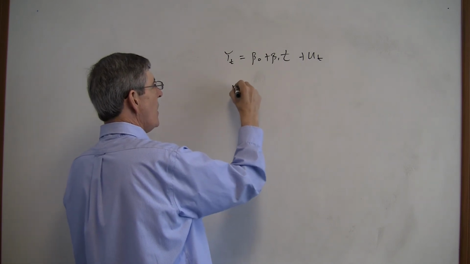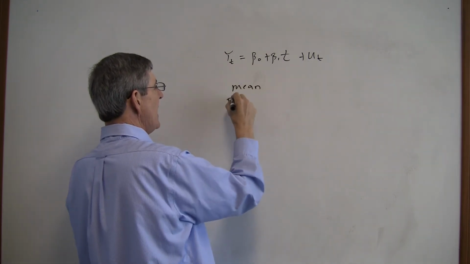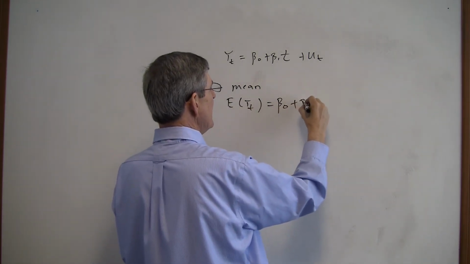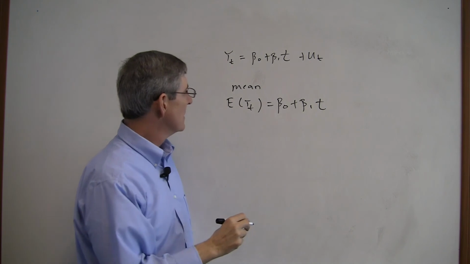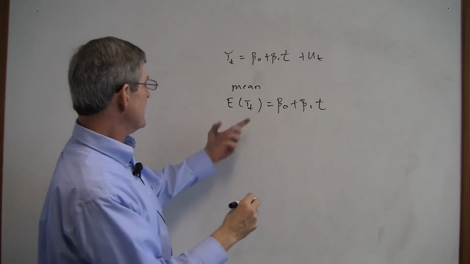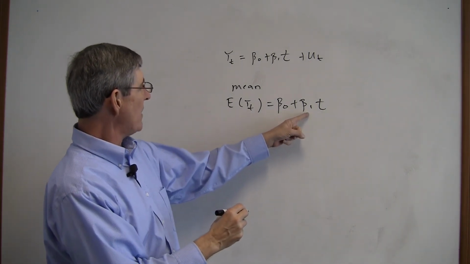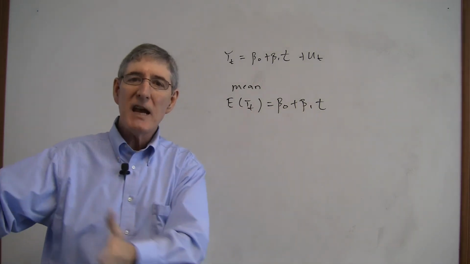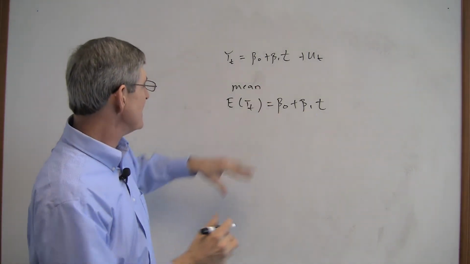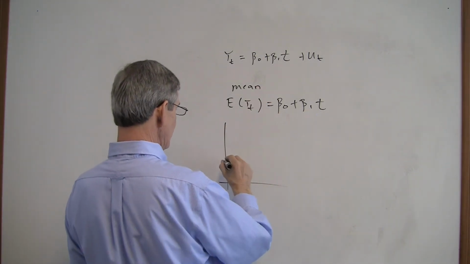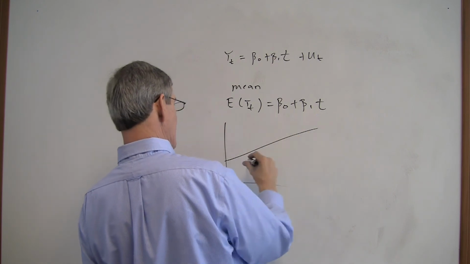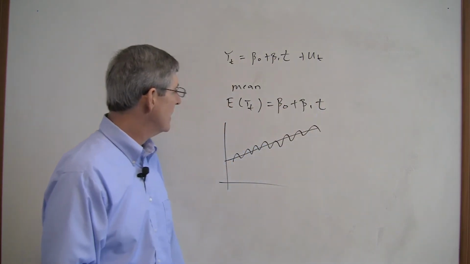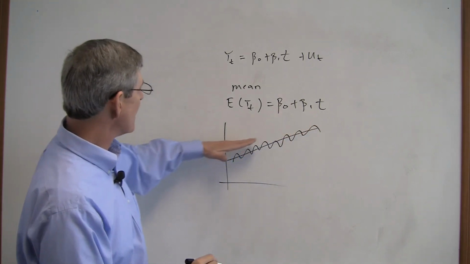The expected value of y_t for this will be beta 0 plus beta 1 t. So when t equals 1, the mean is beta 0 plus beta 1. When t equals 2, it's beta 0 plus 2 beta 1. So the mean is changing over time. That would be non-stationary. This is the case where you've got beta 0 plus beta 1 t, then the u_t causes you to just fluctuate around it. And so the mean value is not a constant.